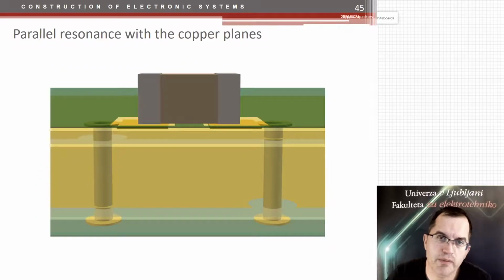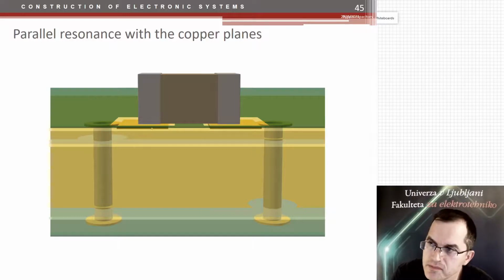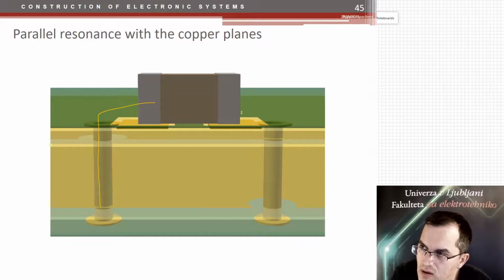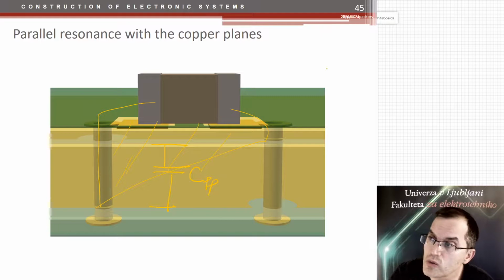Okay, what about the parallel resonance with copper planes? What does it mean? Well, the thing is that here we have a capacitor with such a loop size. But then you have a capacitance also between the power planes. And this is a very, very good power plane capacitance, which is much, much better than any capacitor you can get. So what do we have at the end?